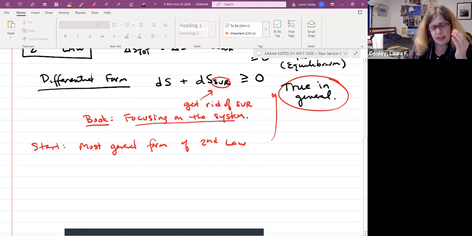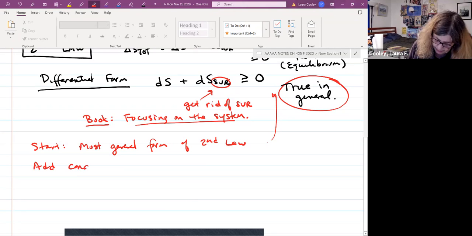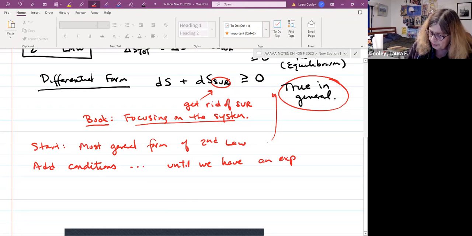And then one step at a time, we move on by adding conditions, until we have an expression that only depends on system parameters.